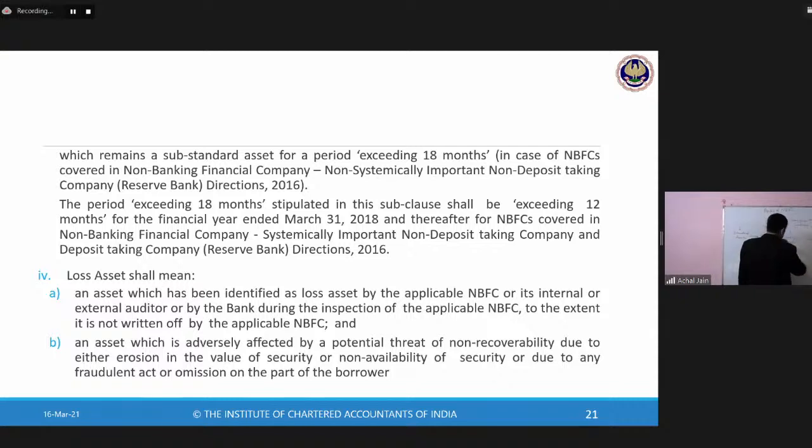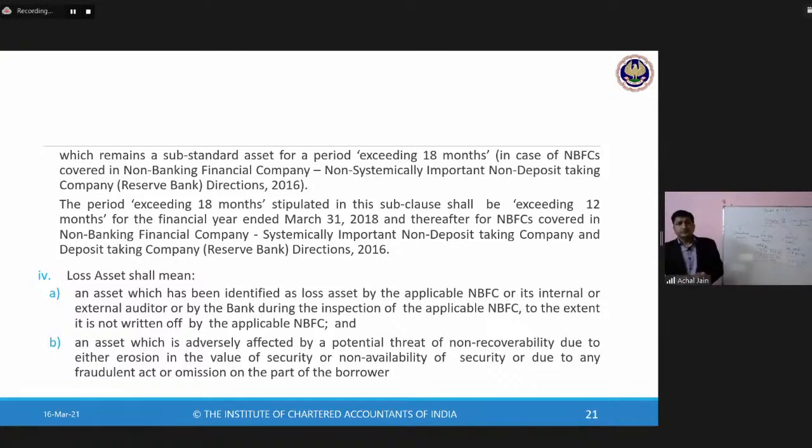So this will become doubtful when it remains substandard for a period exceeding 18 months for non-systemically important non-deposit taking and 12 months for systemically important non-deposit taking and deposit taking. Okay, clear? Clear on this?